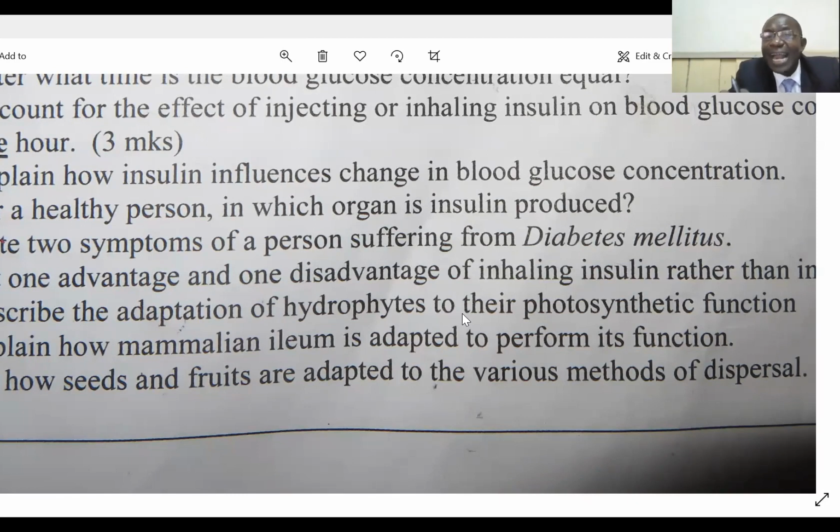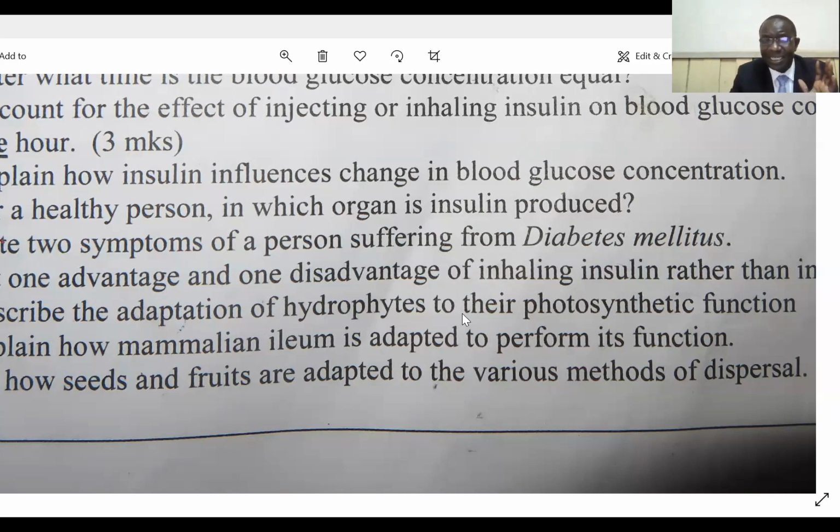this one is a direct question which requires application. The examiner is asking a question which requires comprehension, the second level in Bloom's taxonomy. Now you comprehend.